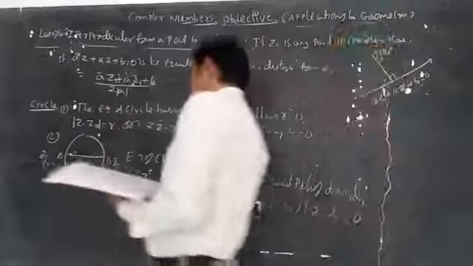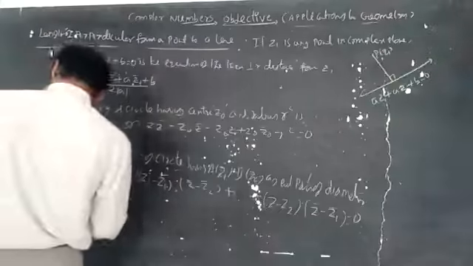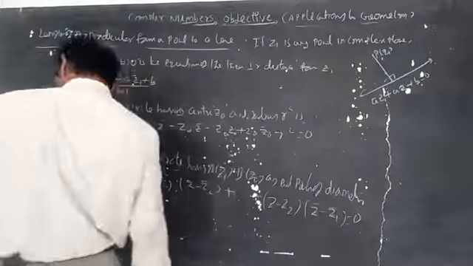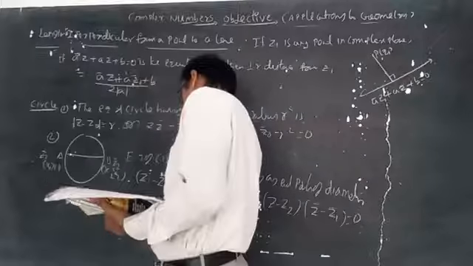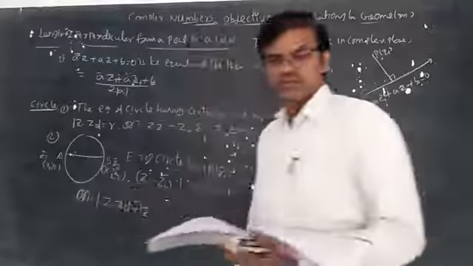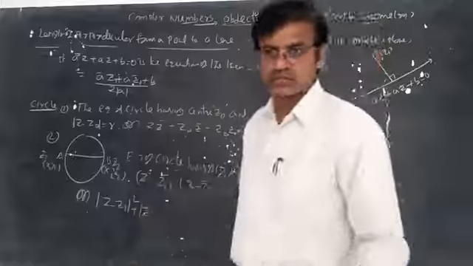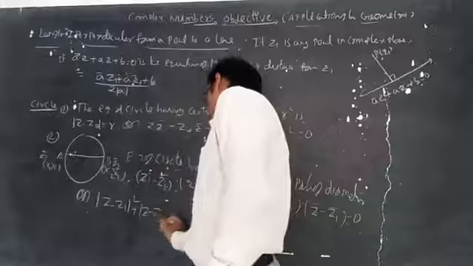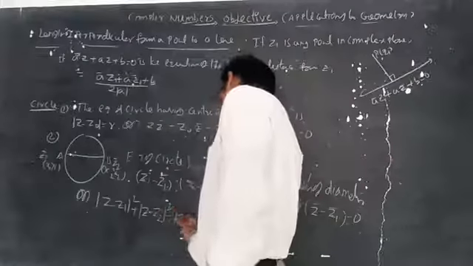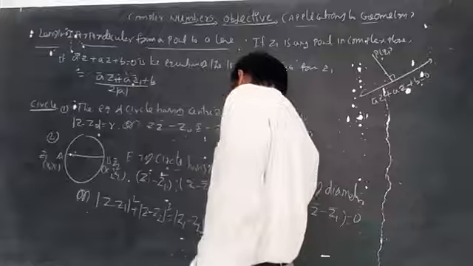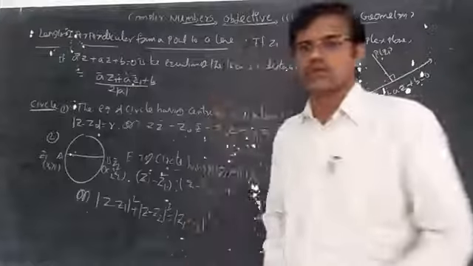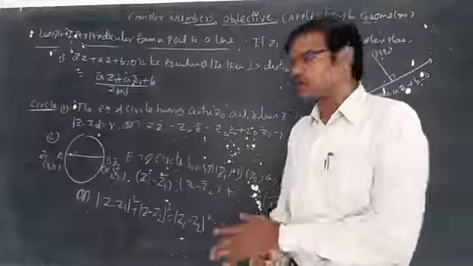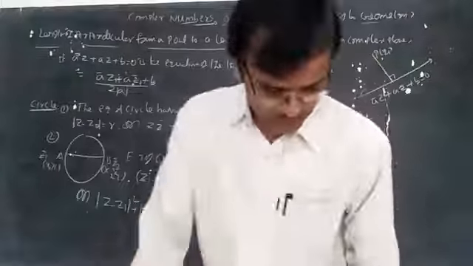Or another formula is there; simply these are the formulas, but it is better to calculate using the geometrical method only. Modulus of z minus z1 whole square plus modulus of z minus z2 whole square is equal to modulus of z1 minus z2 whole square. This is the correct way, students. Otherwise, whenever the complex numbers are given directly, you can write using x1, y1 and x2, y2, and the diameter endpoints concept is the better way.